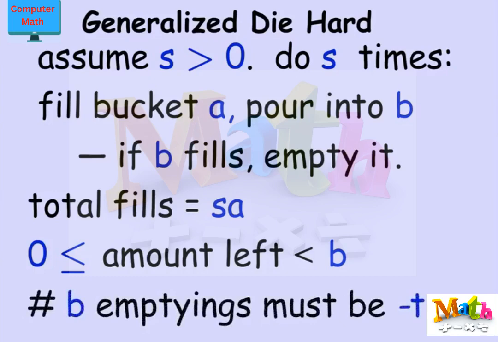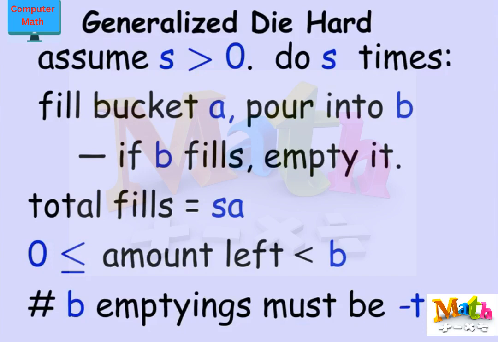Okay. Now, the point is that the number of emptyings of bucket B must be exactly T, which is why the amount of water that's left in bucket B is SA minus TB. And the reason why it has to be minus T is that if I've got SA there, if I had more than T emptyings, I would have had bucket B go negative.